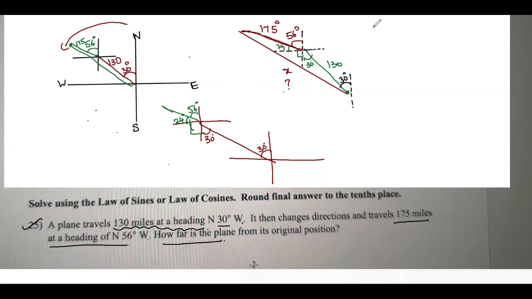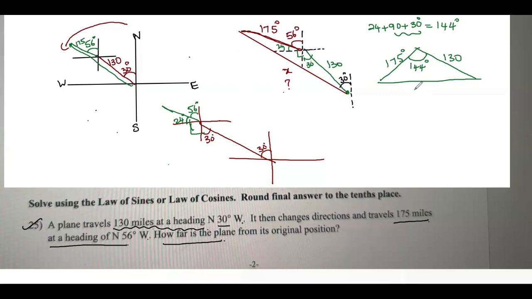So altogether how much is it? 24 plus 90 plus 30, that is nothing but 144 degrees. 90 plus 30 is 120, 120 plus 24 is 144 degrees. So basically we have a triangle like this where the two sides are 130 miles and 175 miles, and the angle between the two sides is 144 degrees.